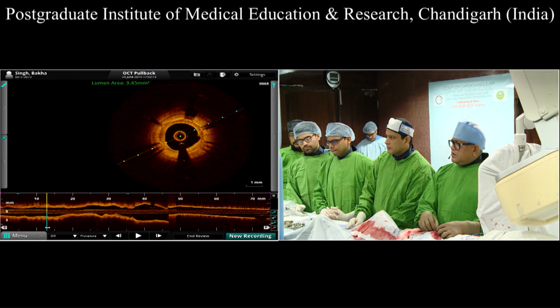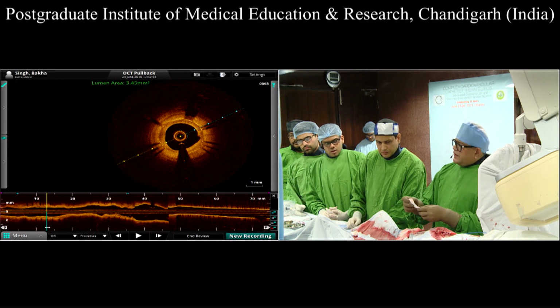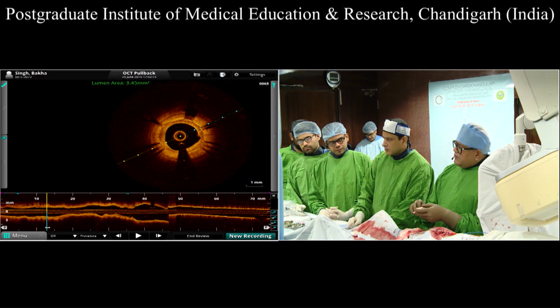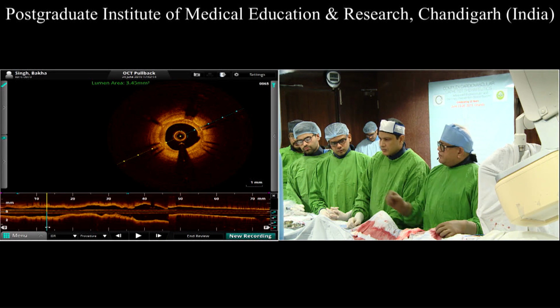So what will be your strategy in your experiment? Okay, so one thing, we don't have any calcium across, even outside or inside the stent. So that's something good. We will be able to dilate it very well.